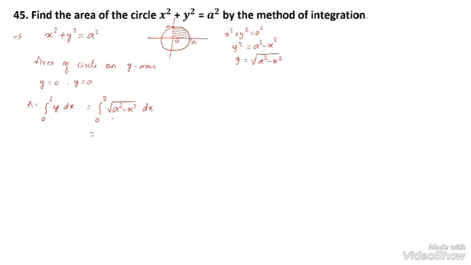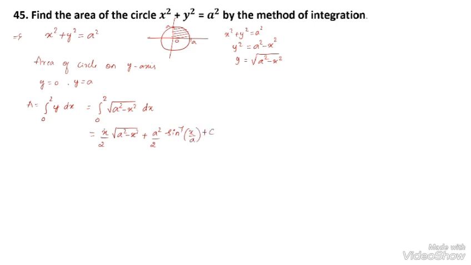Here we know the formula of integration. Integration of root of a square minus x square will be x by 2 root of a square minus x square plus a square by 2 sine inverse of x by a plus some constant.